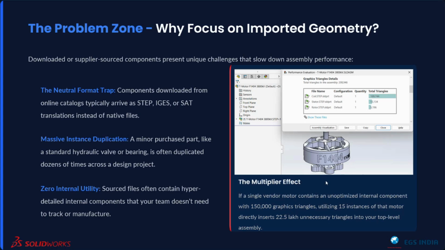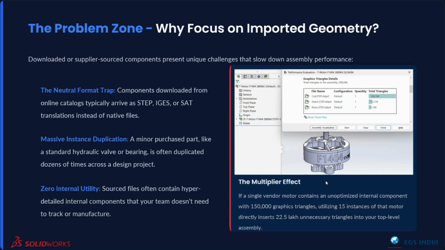We have a motor with a coil where only the coil is giving you around 1.5 lakh plus graphics triangles. Like I said, every component or design is split into 2D triangles, which are used for representing it in your graphic interface. That number of triangles is what is called graphics triangles. In general terms, a higher number of graphics triangles means a lot more resources and time required for displaying, rotating, or moving the component in your graphic interface.